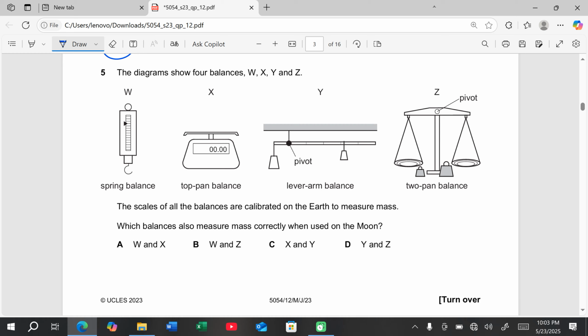Since this one is going to compare the masses, that is going to be the same on the Moon. And this one also, sorry, not this one, pardon me, this one Y, that is also, since it's using the moment, that will not be affected by the value of g, so it's Y and Z, so that's D.